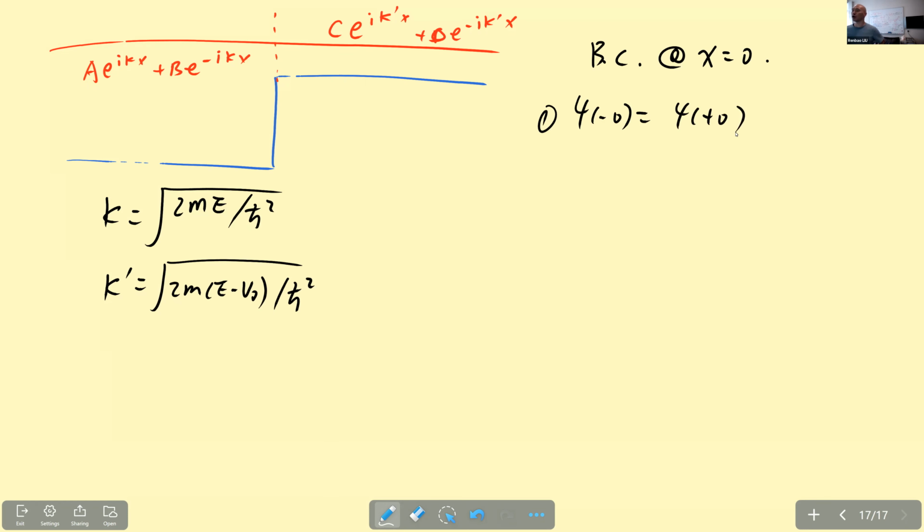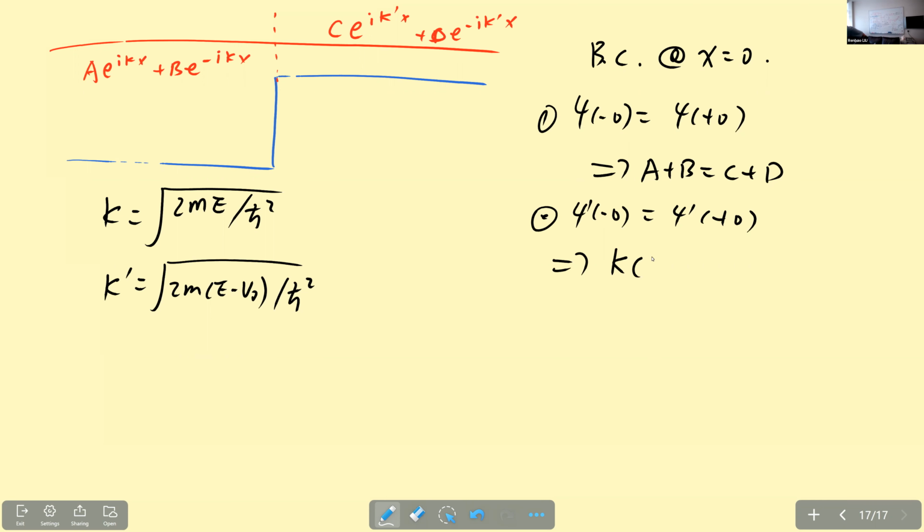So you put x equal to 0 for the two functions, you must have one equation, A plus B equals C plus D. The second one is that you must have psi prime (0 minus) equals psi prime (0 plus). So this gives an equation that k(A minus B) equals k'(C minus D).